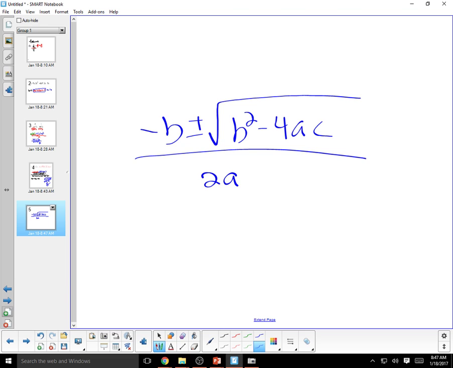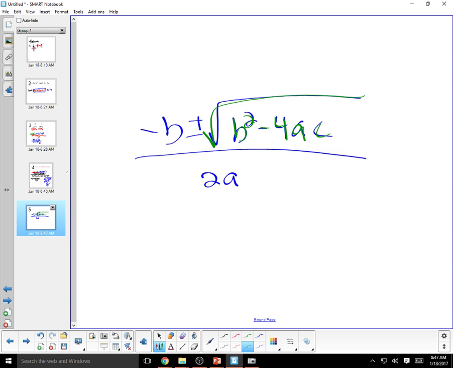So what I did to check if that polynomial was factorable was I did this part of it. And if you simplify it and you get a whole number, that means that your polynomial is, in fact, factorable.